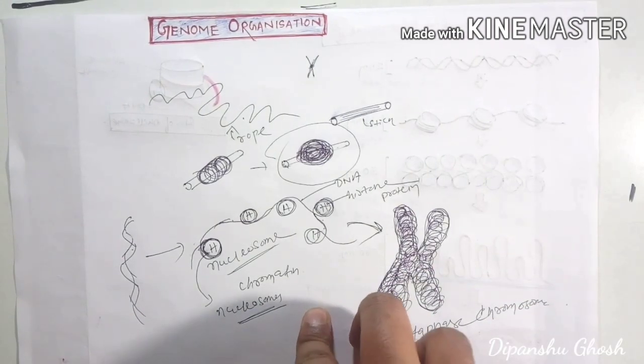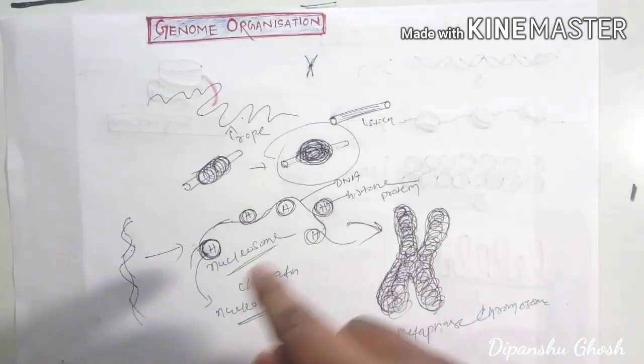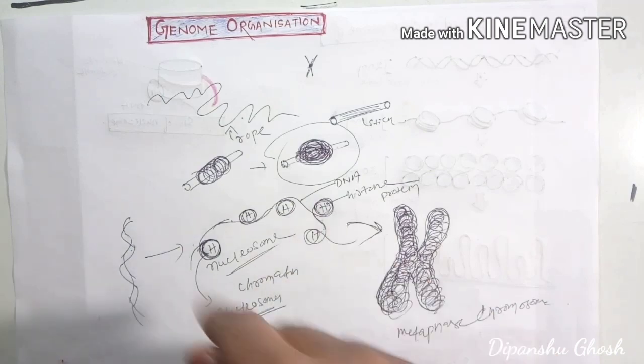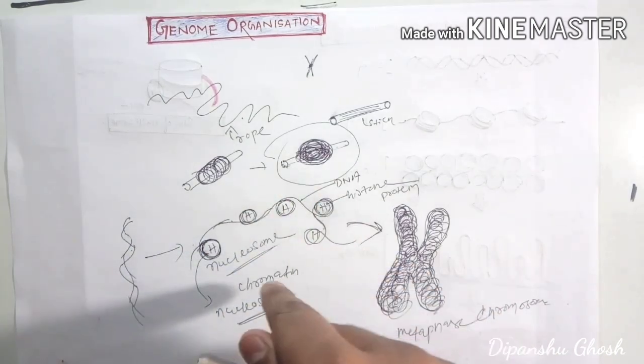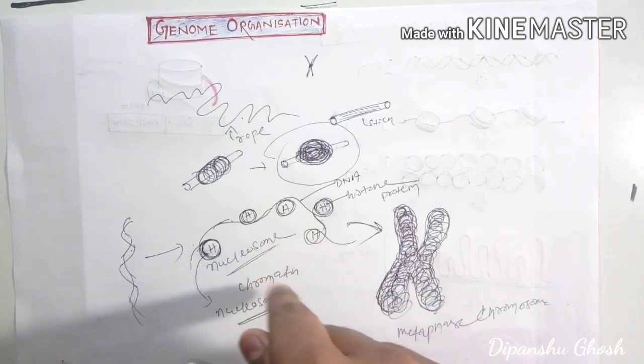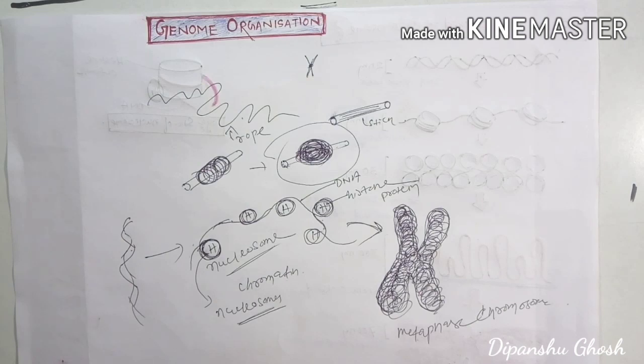I have shown you the overview of this process, how exactly DNA is condensed into your metaphase chromosome, and how the long DNA is packed into such small chromosomes in the nucleus, right?